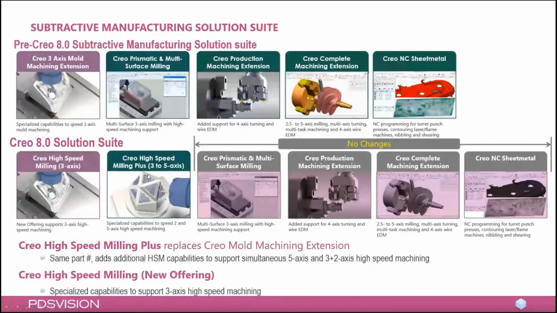And what is happening in here is that current users of this 3-axis mold machining extension will get this 3 to 5 axis license from day one without any additional cost. And on the other hand, this Creo High-Speed Milling 3-axis product is now available for those who are not using more than 3 axes on their machines. So basically, we have a new product offering in here.